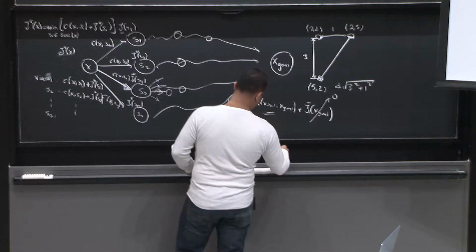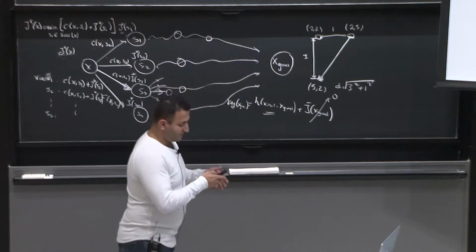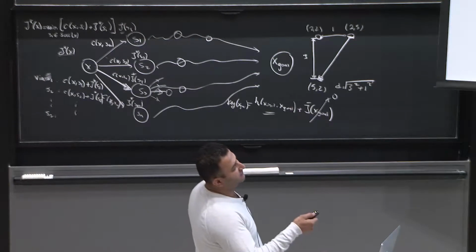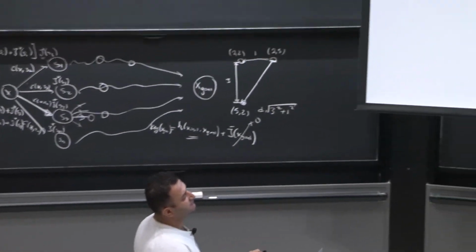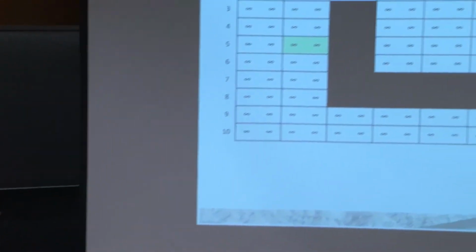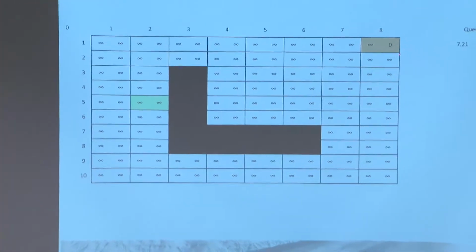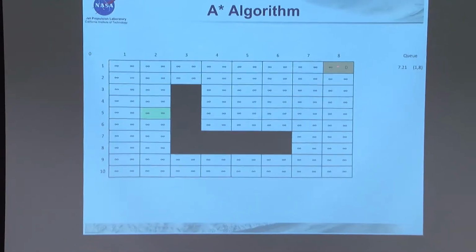So the key value is just the heuristic. That's why it's different from the Dijkstra algorithm. It starts from 7.21 because that's the straight line distance between these two nodes.